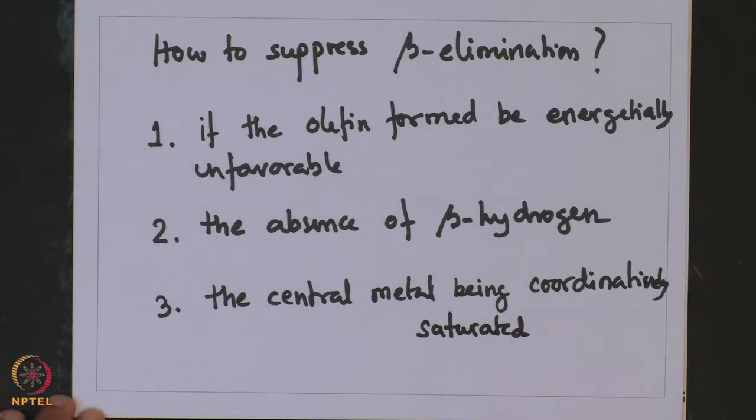So, what we are seeing is that after understanding how beta elimination occurs, one can come up with several strategies which will suppress this process. The first one is that if somehow the formation of olefin is made unfavorable, for whatever reasons we will discuss in more detail, then probably beta elimination will be suppressed, even though the metal sigma-alkyl moiety may have a beta hydrogen.